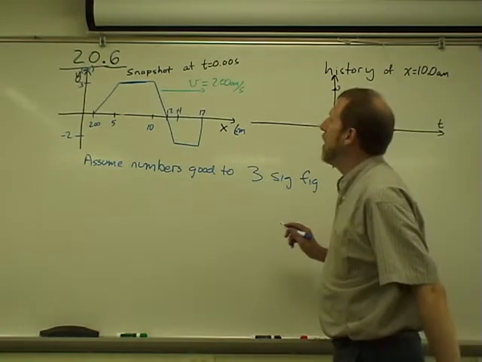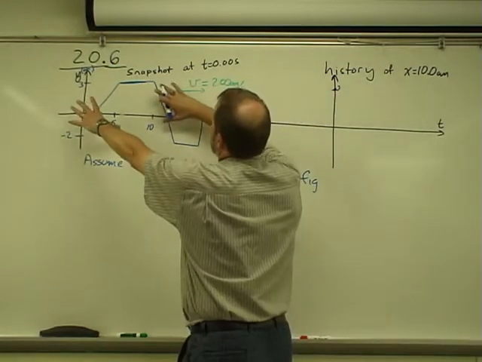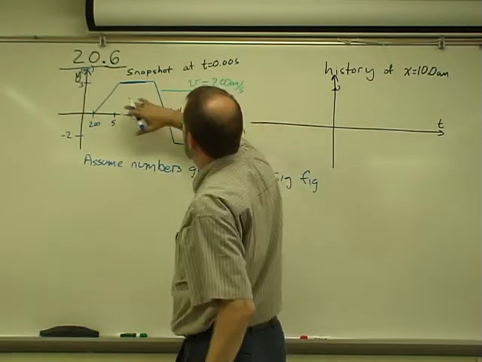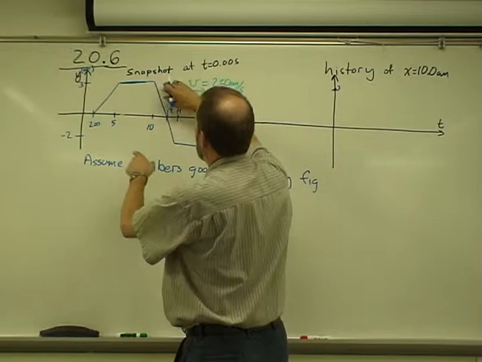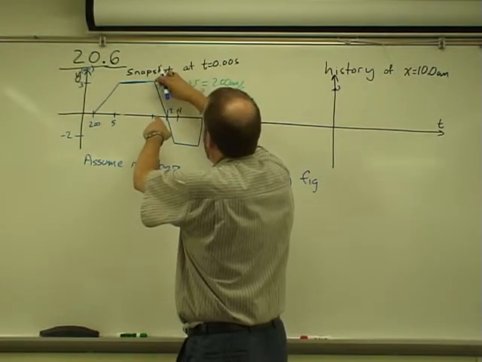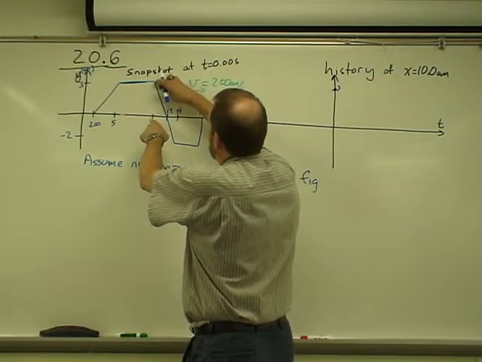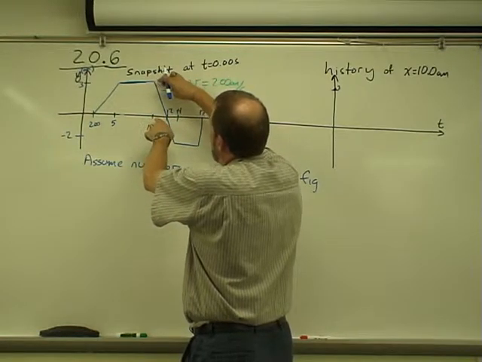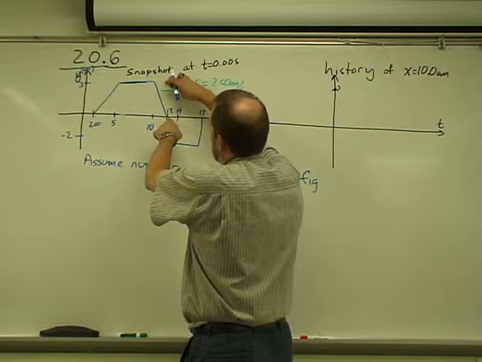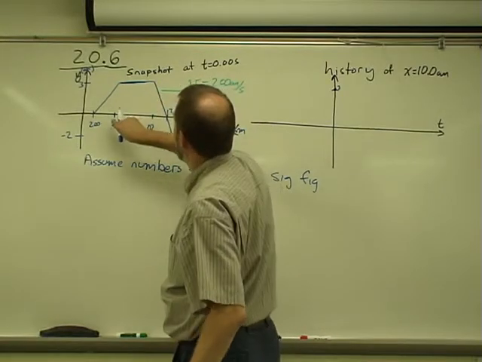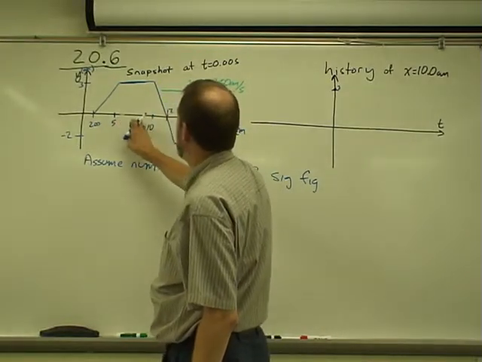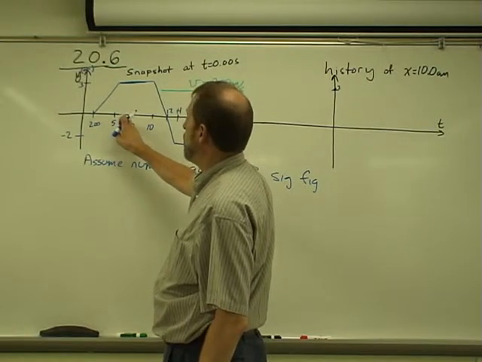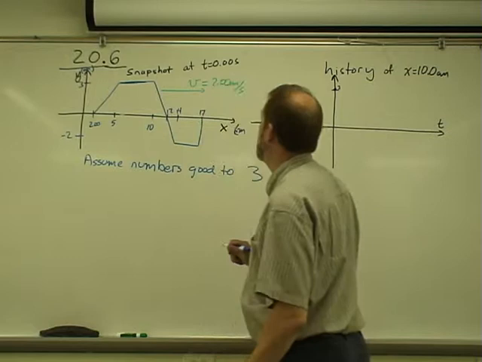Okay, so if this is moving in this direction, then in 1 second this will be 2 centimeters over. So in 1 second, this point will be at x equal to 12. In 2 seconds, it will have moved 4 centimeters. And in 2.5 seconds, it will have moved 5 centimeters.